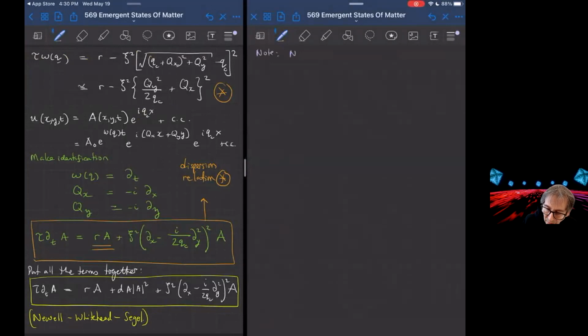Note that the Newell-Whitehead-Siegel equation is not symmetric in X and Y. And the reason for that is because we're looking at the stability of rolls going in the X direction. And that's because we are expressly interested.